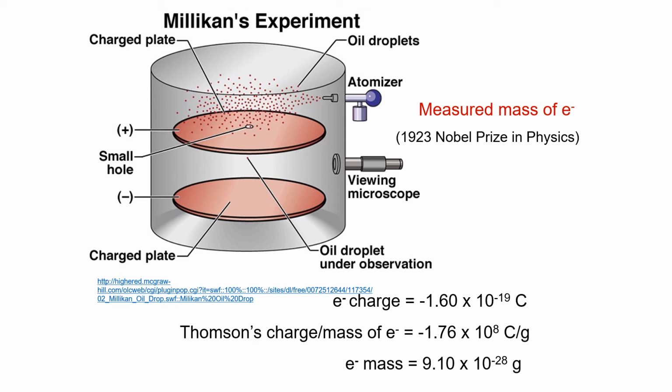And what Millikan was able to do was adjust the charge from these plates to suspend an oil droplet in between the plates. And based on that charge, he was able to use Thomson's charge to mass ratio to determine the mass of that electron.